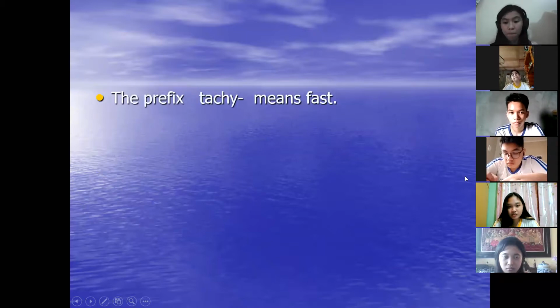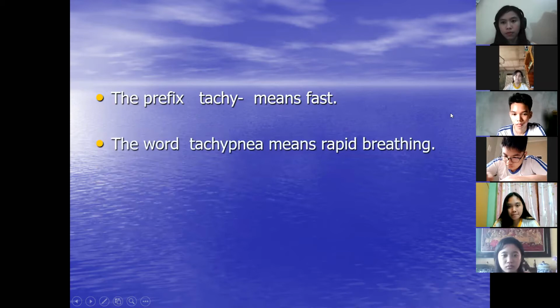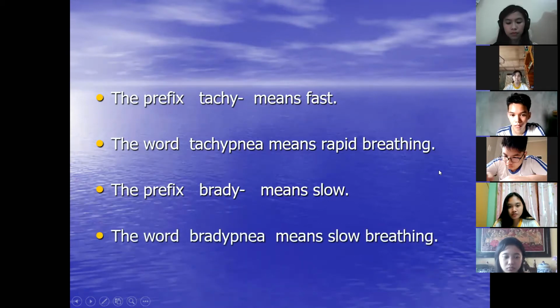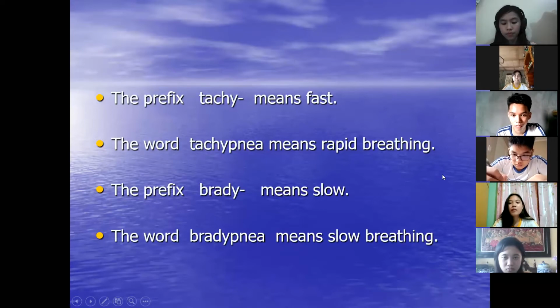And then we have also tachy, which means fast. So if we combine tachy with nia, that means fast breathing. Tachypnea, fast rapid breathing. And then the contrary to tachy is slow, which is brady. Brady means slow. So if we combine it with nia, bradypnea means slow breathing. When you experience rigorous or strenuous activity, you have tachypnea.